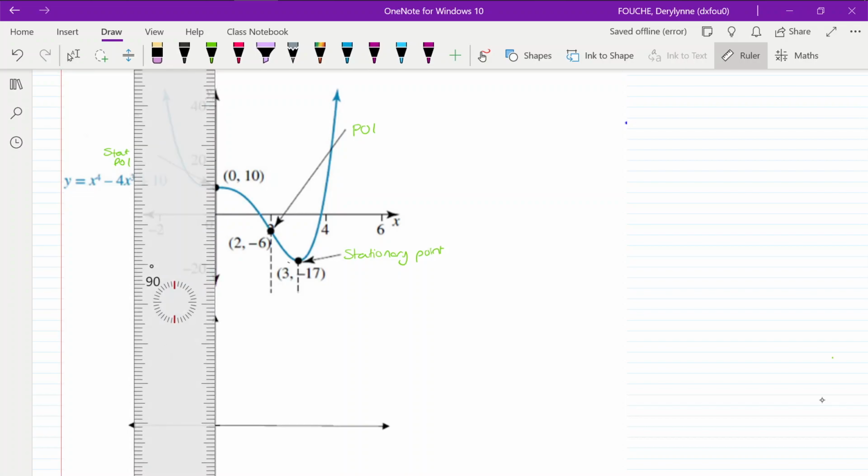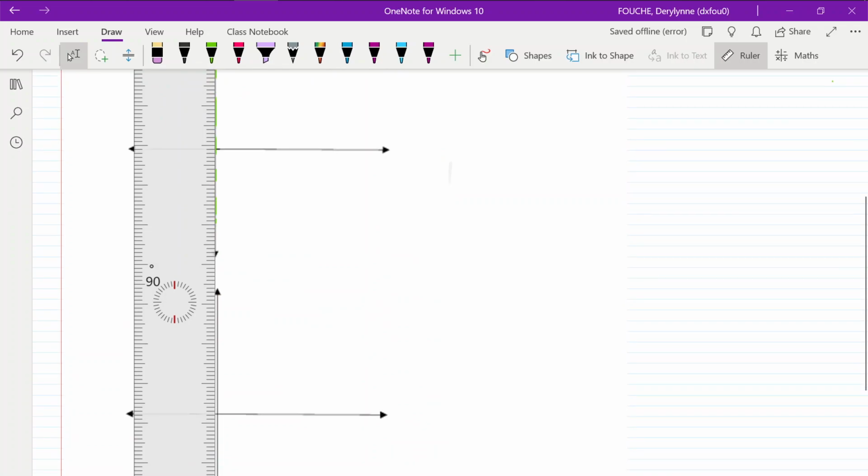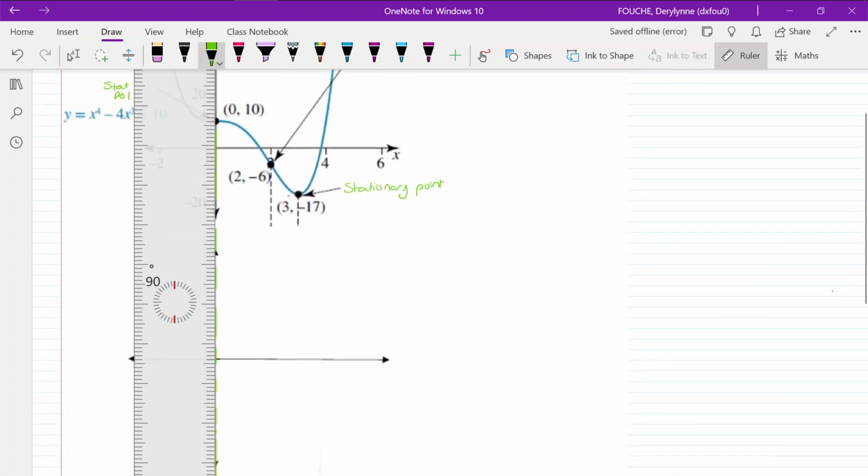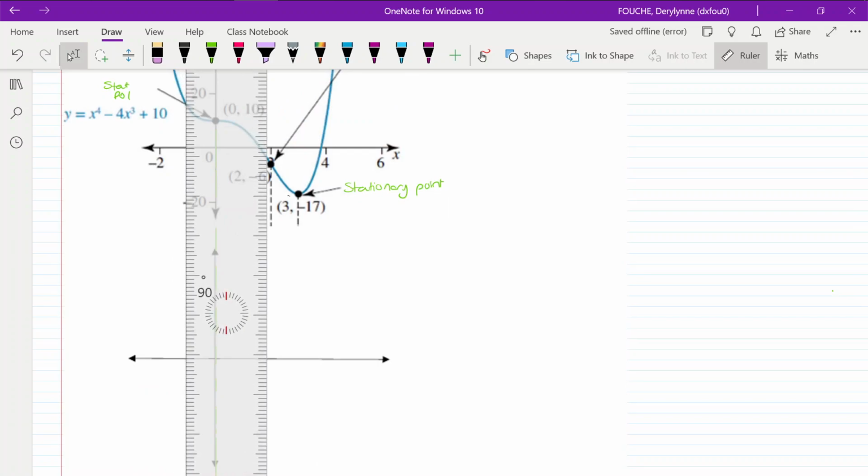So we're going to draw some guidelines down to our derivative functions so that we know where these things are happening.